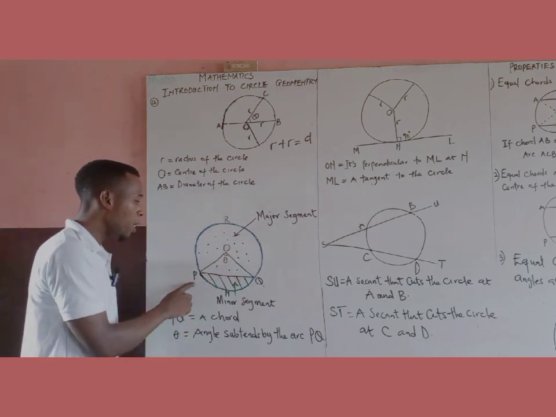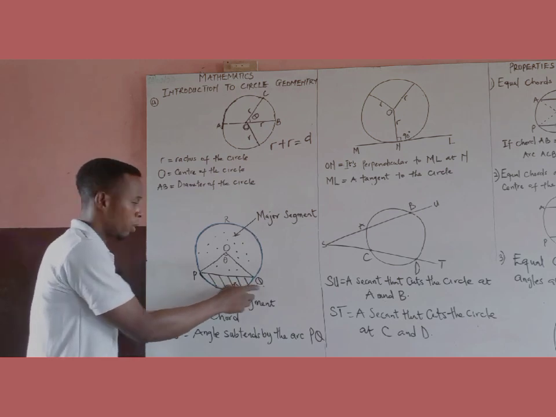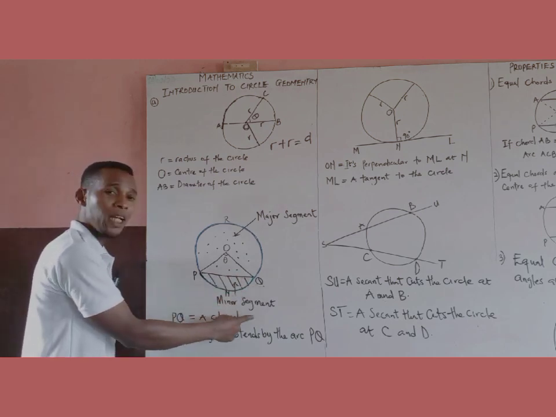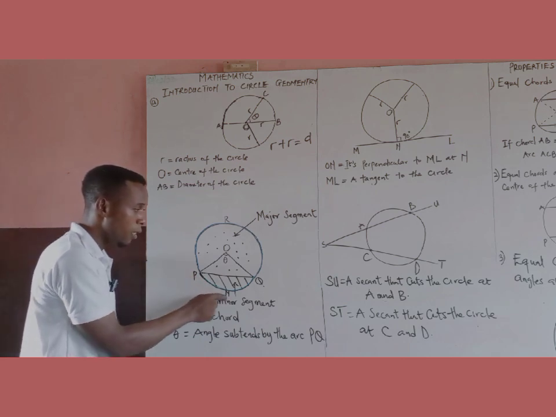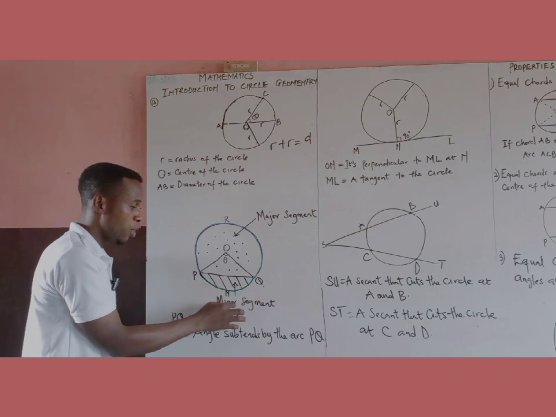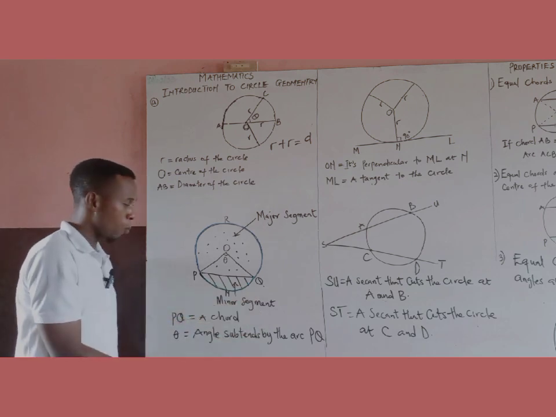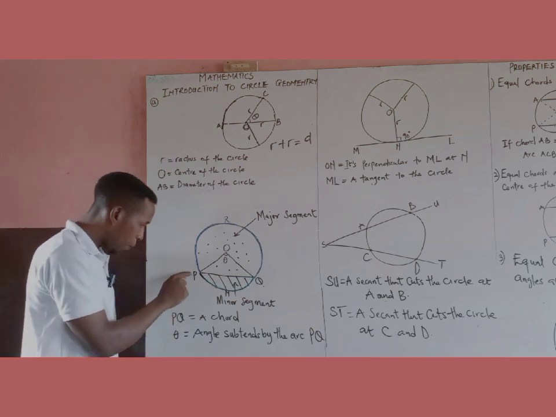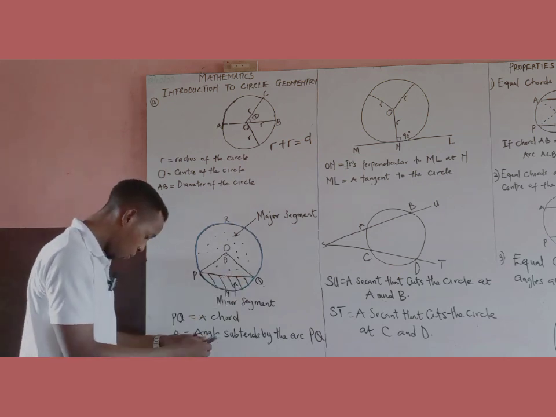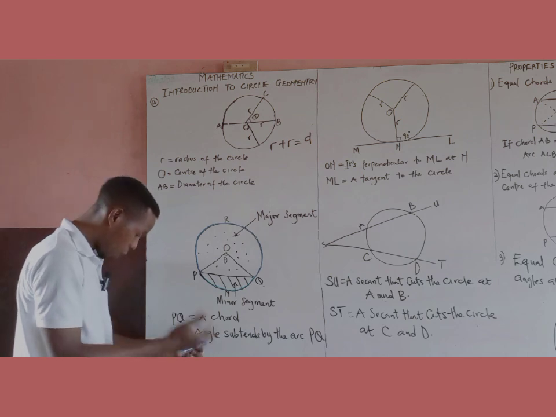The shaded portion, P and Q, is the minor segment. Now, PQ is a chord. This line PQ is a chord.